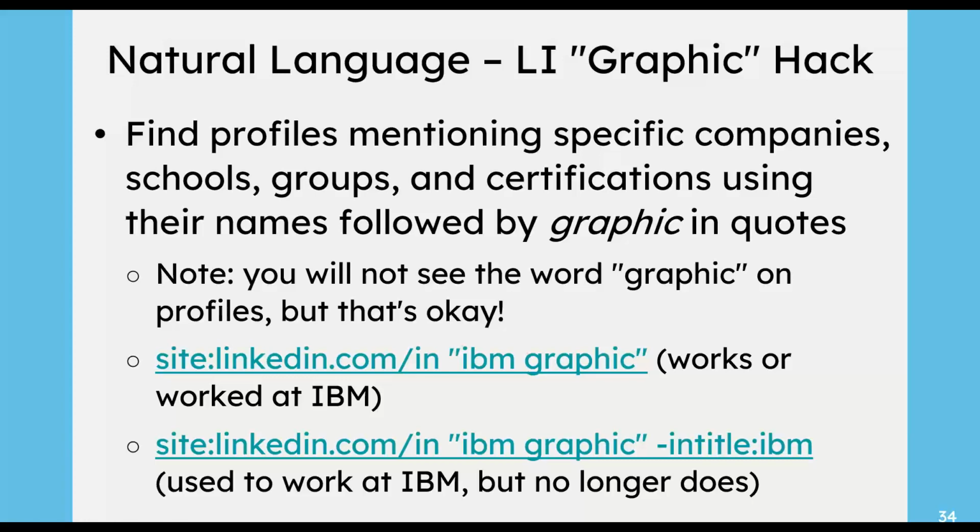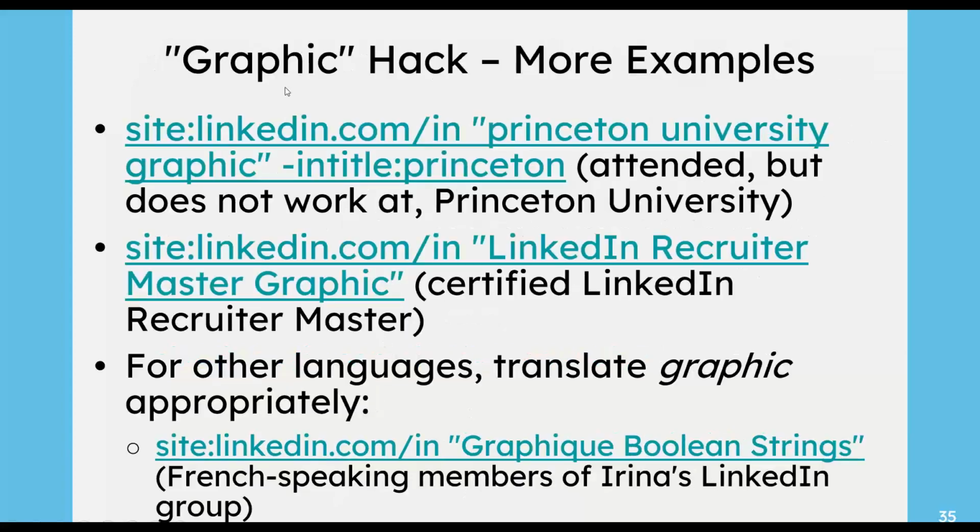In the experience section. So that's going to be someone who has prior IBM experience. Same thing here, we add minus inTitle IBM, meaning we exclude people whose current employer is IBM, but who still have the IBM graphic on their page, which means a former employee. And there are many, many more examples here.